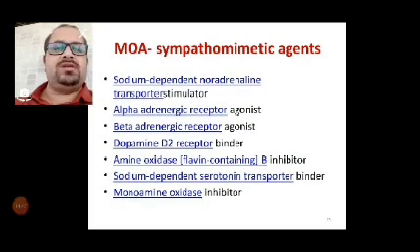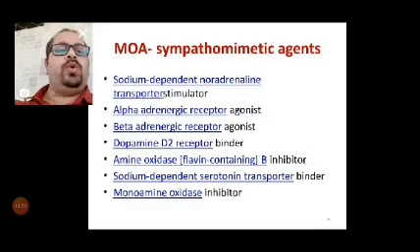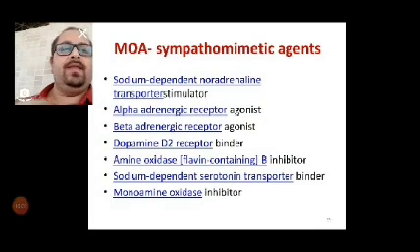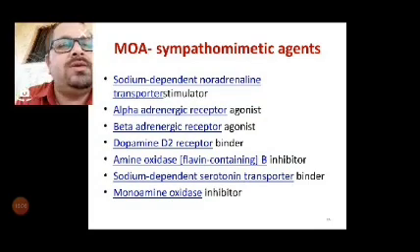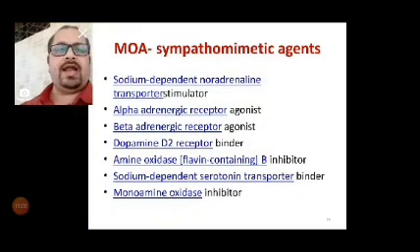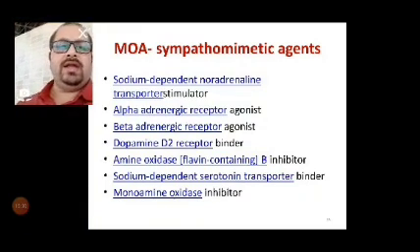In addition, it is also a beta adrenergic receptor agonist. It is a dopamine D2 receptor binder. It is an amine oxidase B inhibitor, flavin containing. It is a sodium dependent serotonin transport binder, and lastly, it acts as a monoamine oxidase inhibitor, that is MAO inhibitor. In these 5 or 6 ways, sympathomimetic agents act as analeptics or CNS stimulants.